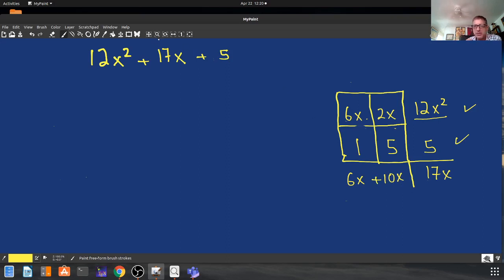Let's try some others. So what happens if, instead of 6x here and 2x here, we'll just leave those there. We'll move these on the bottom. A lot of these you'll be wanting to do in your head, and my erasing thingy's not being nice to me. So let's try 5 and 1.